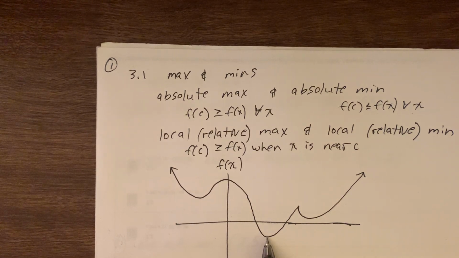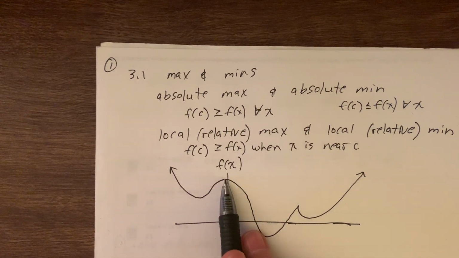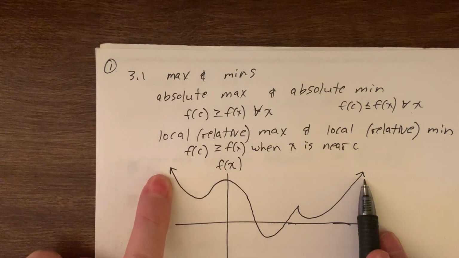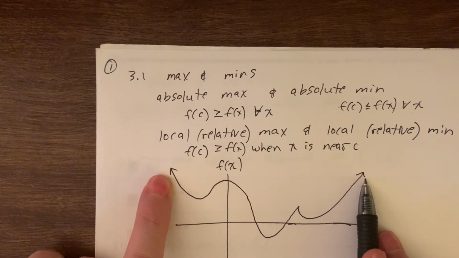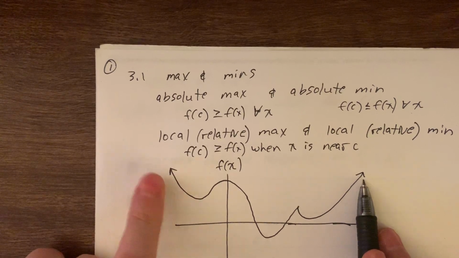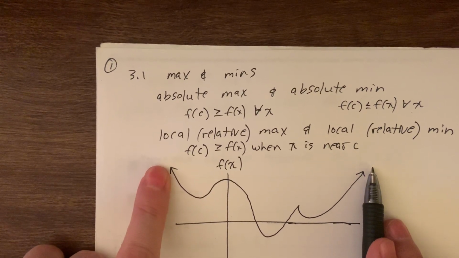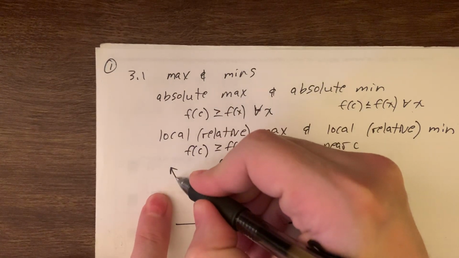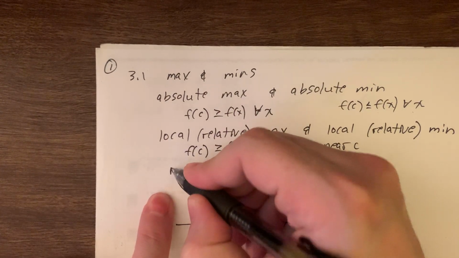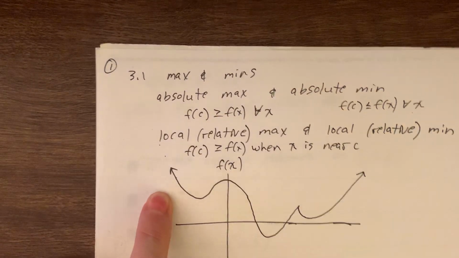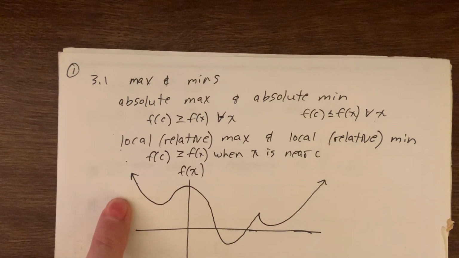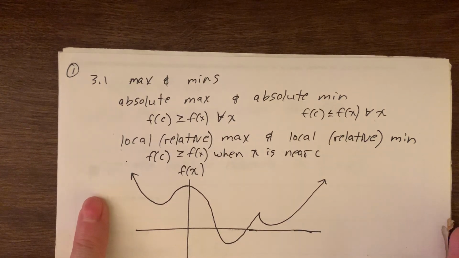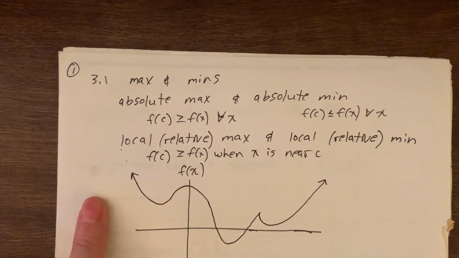But if you talk about an absolute max, you might be tempted to point right over here, but realize the idea is that this keeps going up forever. Not just on one side, but on both sides, we keep going up forever. So is there a point higher than this one? Yes, there is, right here. Is there a point higher than this one? Yes, there is, right here, right here, right here. And that would continue going up forever. So in this full broad sense, there would be no max, and this point would be a minimum.